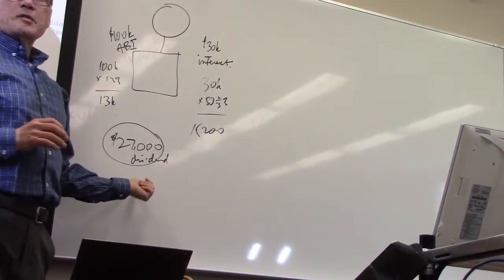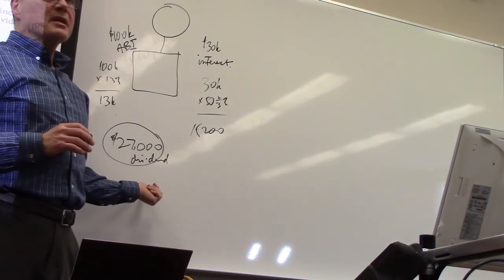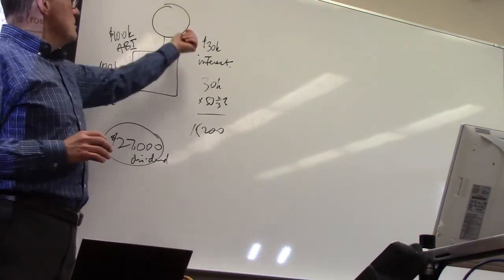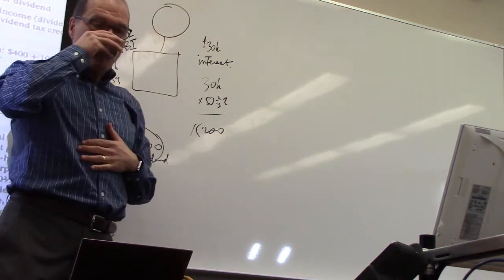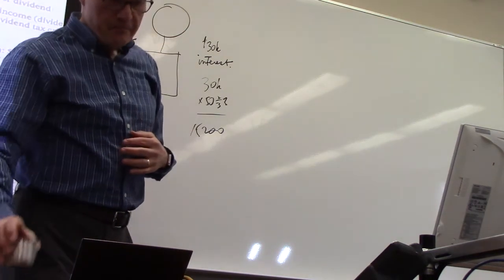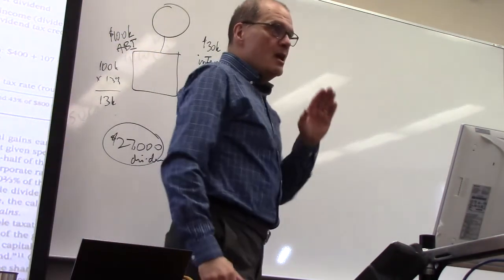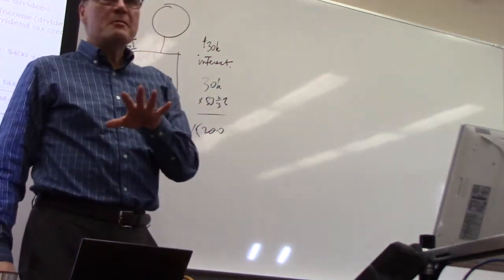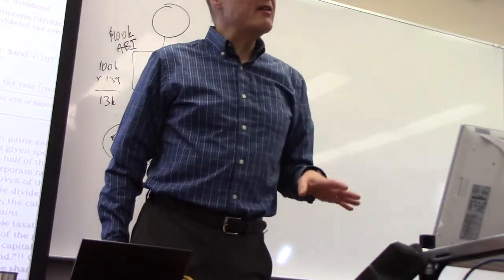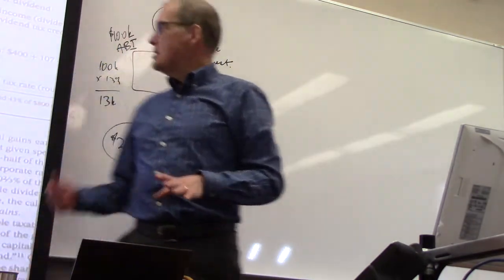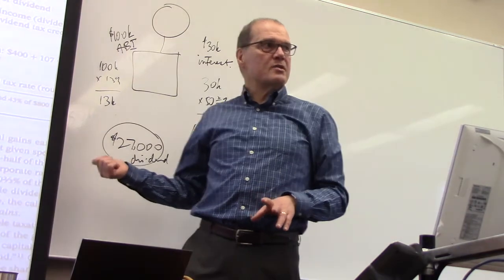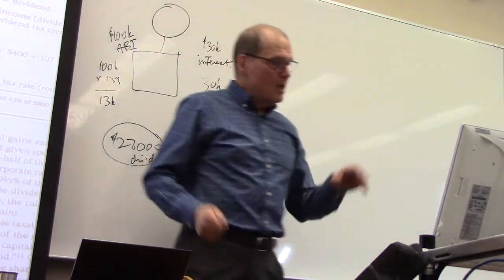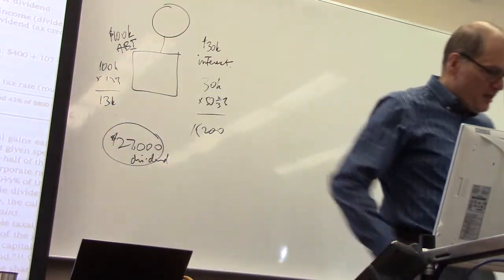My guess, and I think it's a pretty good one, is that this will all be a non-eligible dividend going up to this person. The question though, I'm going to ask you is what amount of dividend refund does this corporation get for having paid a $27,000 dividend? Let us go to page 499.